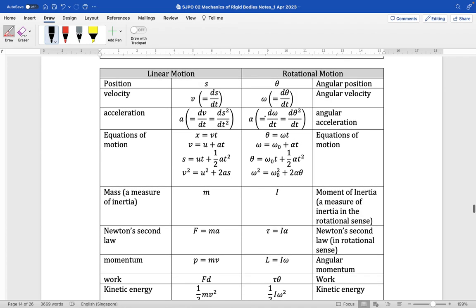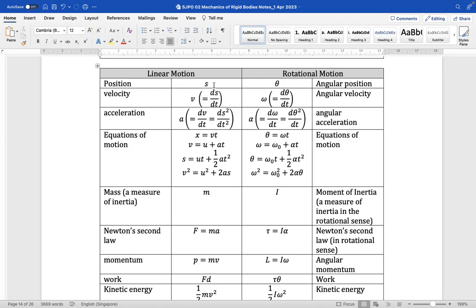Here we have a comparison of the linear motion and the rotational motion analogies. So this gives us a rough example. Instead of talking about position, we talk about the angular position. Instead of talking about linear velocities, we talk about angular velocities.